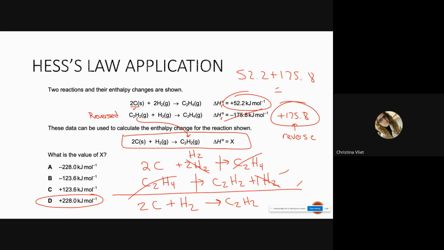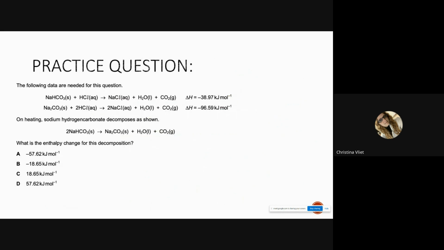I'm checking to see, I still see some writing, so I'll wait a little bit. So go ahead and see if you've got the idea. These 2 reactions have to combine to become the reaction that they're looking for. So you have to figure out what to do to these 2 reactions so that they will combine to give you this reaction.